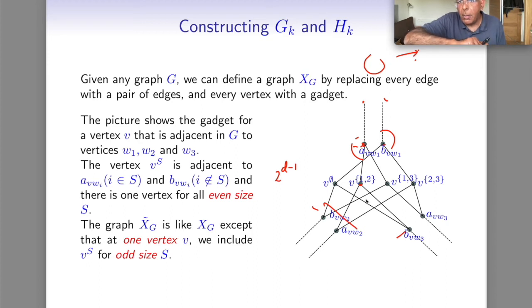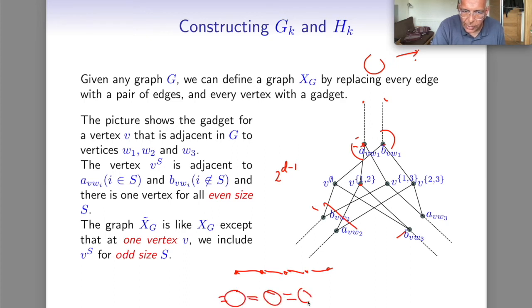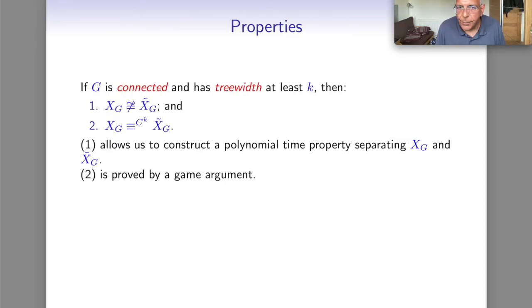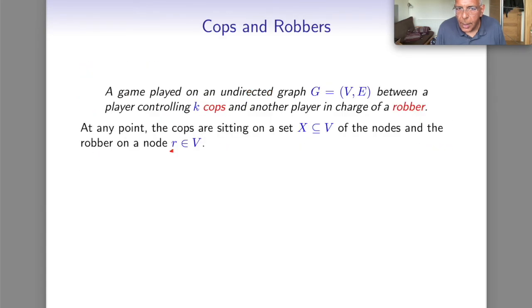So a path in the original graph G translates in XG to a series of gadgets. And we have an automorphism which will swap both of these and both of these. So we can move the swap between these two to these two by an automorphism of the whole graph XG. That's the key idea. Okay.